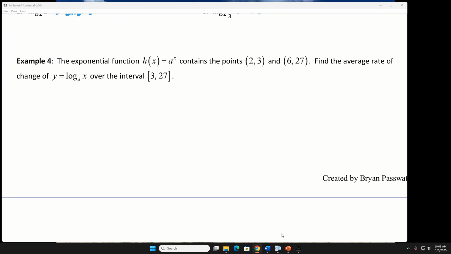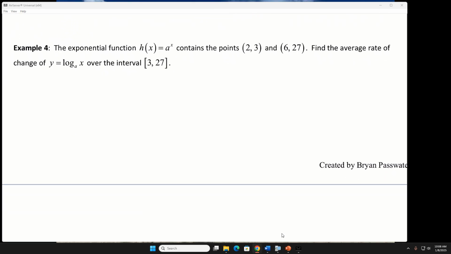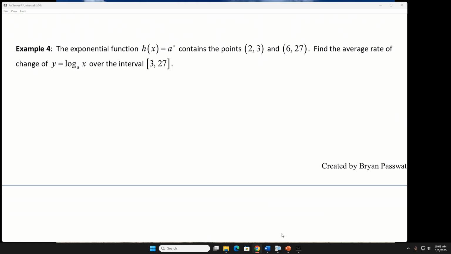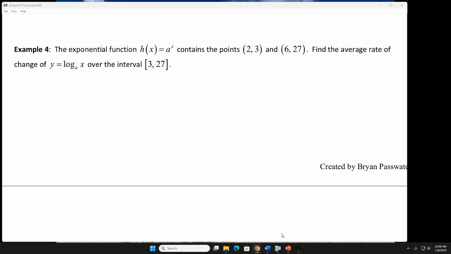All right, and then example 4 is a question about average rate of change. So we know that h is an exponential function, and we know 2 points that are on h. We want to find the average rate of change of y equals log base a of x. So what's the relationship between these two functions? They're inverses.